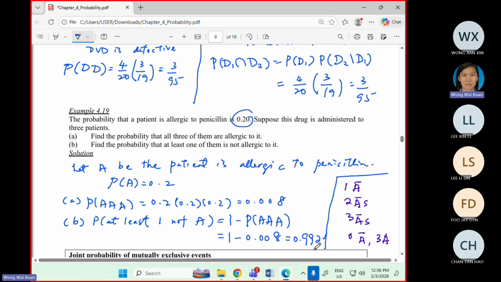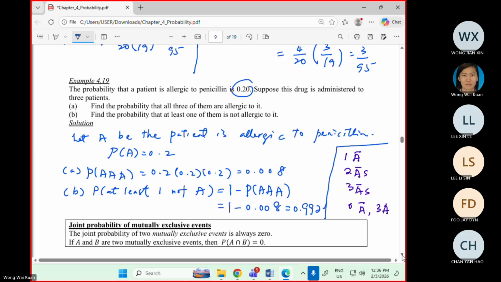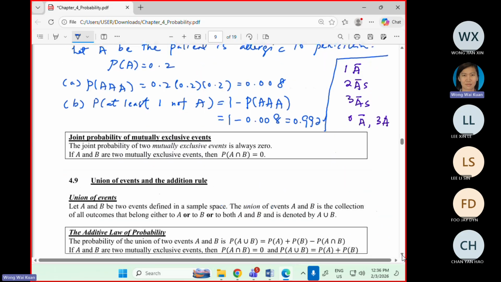Okay with that? Okay, so now, joint probability of mutually exclusive events, we talked about that already. If A and B are mutually exclusive, then the probability of A and B is 0. Then the union and the additive rule. Union is A or B, a collection of all outcomes that belong to A or B or to both of them.